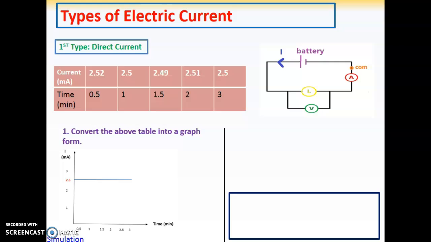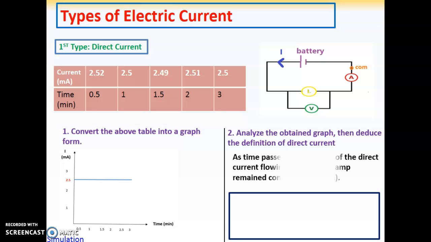As you can see here, if you join all the points at different instants, they form a horizontal straight line, which means that it is constant with respect to time. Analyzing the obtained graph, deduce the definition of a direct current. As time passes, the intensity of the direct current flowing through the lamp remained constant, at 2.5 milliampere.